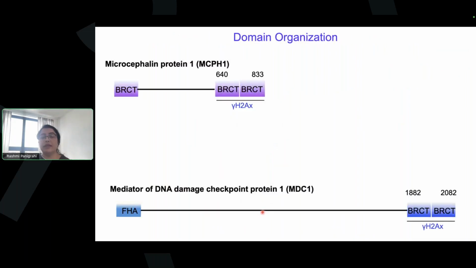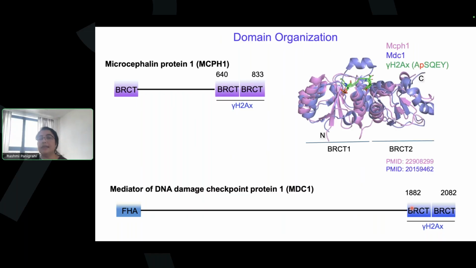Now, this is the domain organization of these two proteins, and there is a lot of disorder, as you can see by this straight line. But most importantly for the talk, we focus on the BRCT repeats, which are present in the C-terminal of both proteins. Interestingly, the structures of these domains are solved.